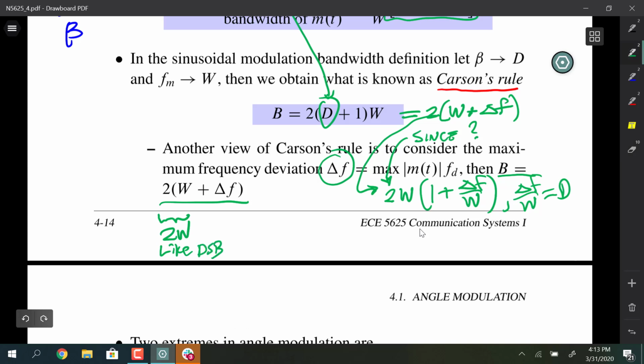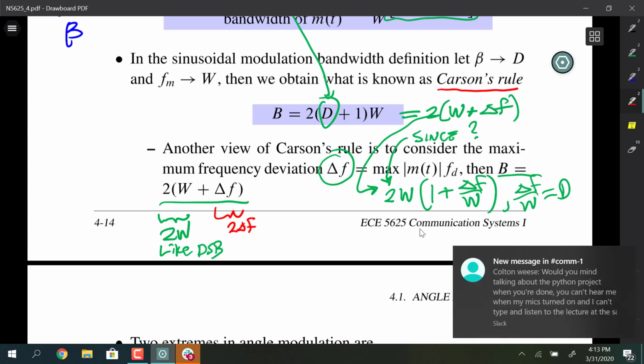If you double sideband modulate a carrier, the bandwidth on the carrier is going to be 2 times W. Then you have this delta F, so the bandwidth expands further by whatever delta F happens to be, which is the peak frequency deviation.